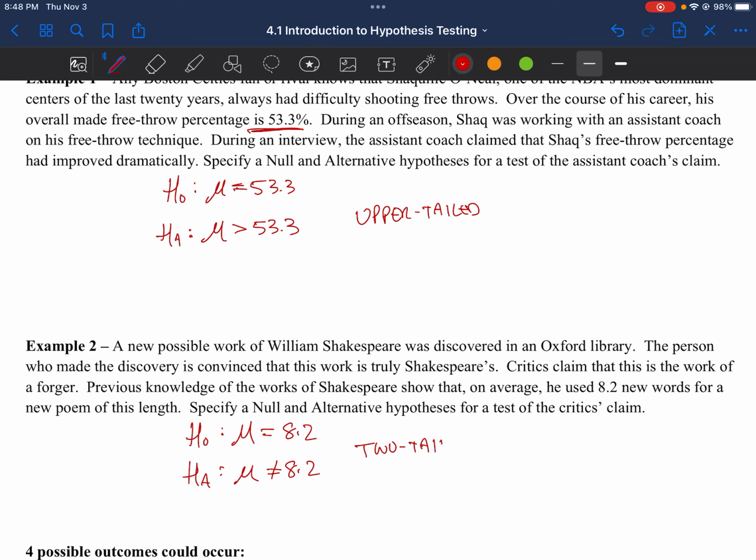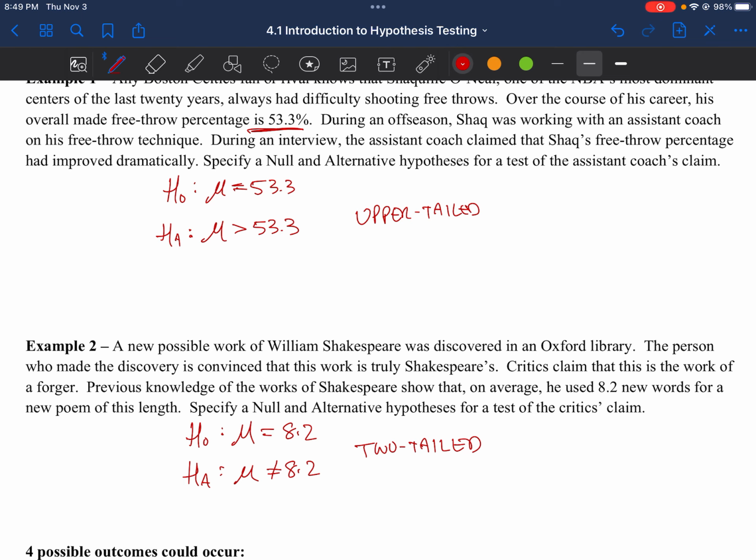And it is important to know the difference because when we start talking about the outcomes and what could happen and the probability that we got it wrong, then it's really important to know whether or not it's a one-tailed or two-tailed, because the way that we calculate and use alpha changes.